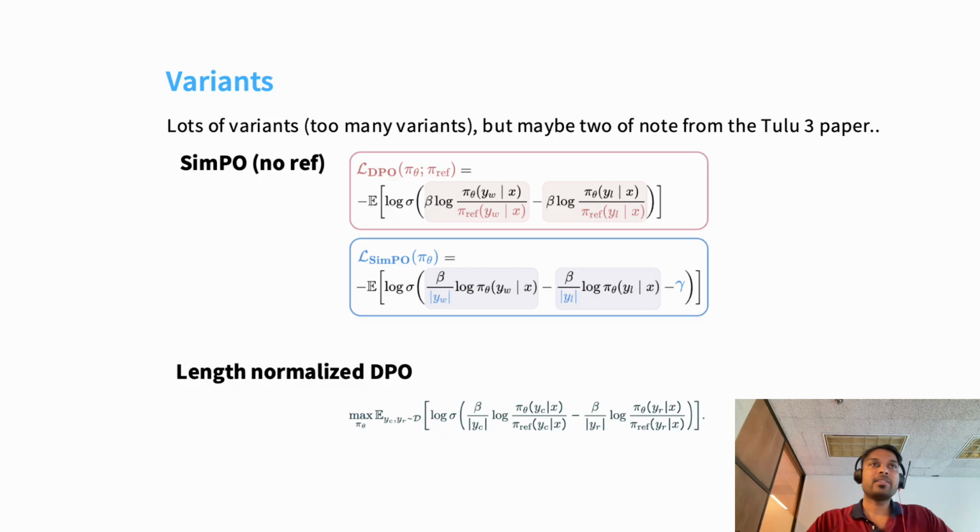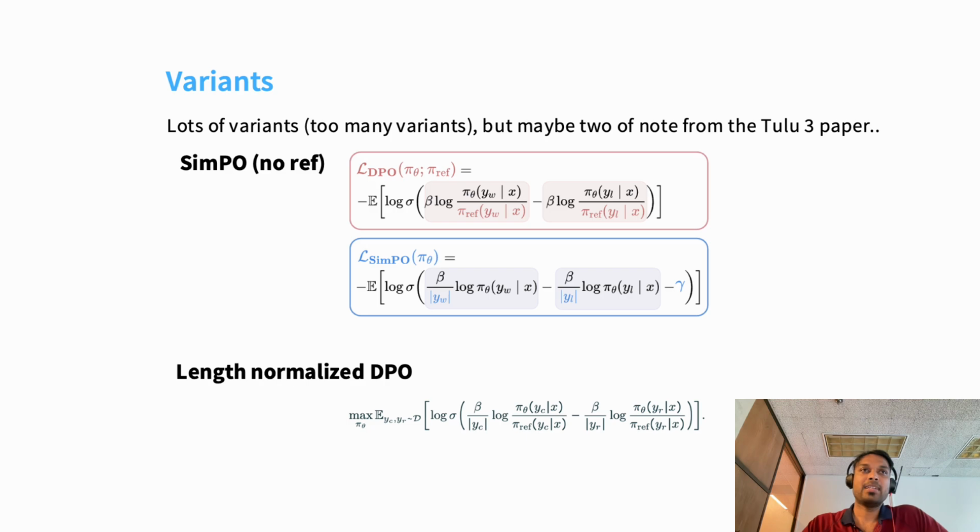So implementing DPO in this supervised fashion definitely made it easy for many to implement and try out various experiments. Hence, there were a ton of papers on DPO variants like SimPO and length normalized DPO and so on. For instance, SimPO made two small modifications.